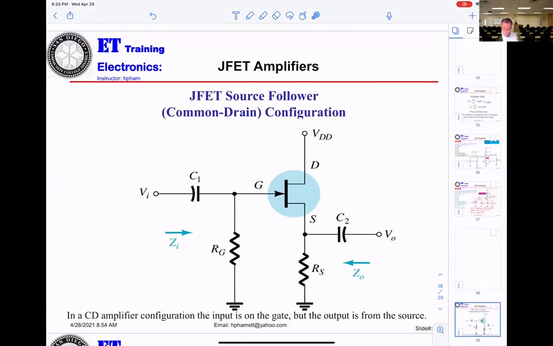That means you're looking from the output into the amplifier. In a common drain amplifier configuration, the input is on the gate, but the output is from the source.